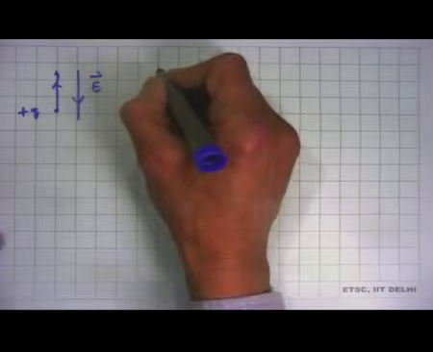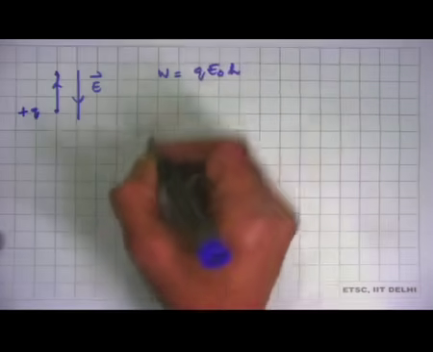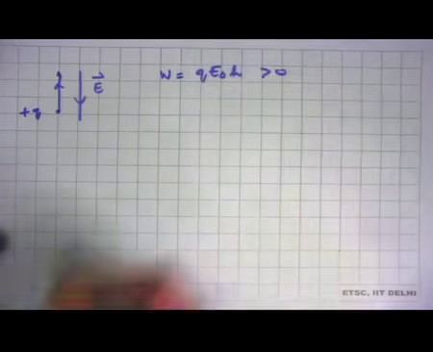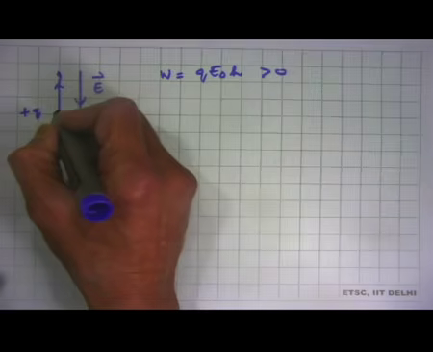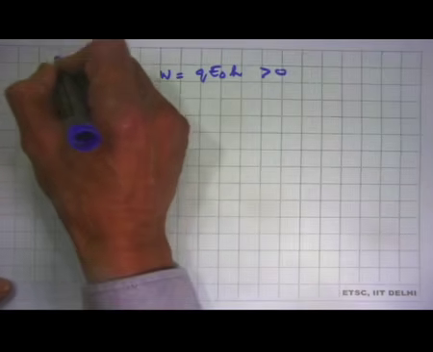The work done is equal to qE₀h, and q is positive. So, W is greater than 0. That means I need to do work on this charge in taking it from this point xi to xf.